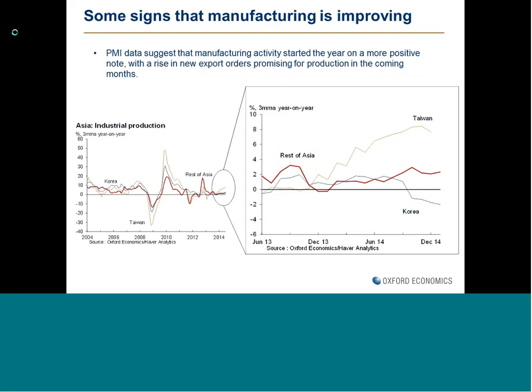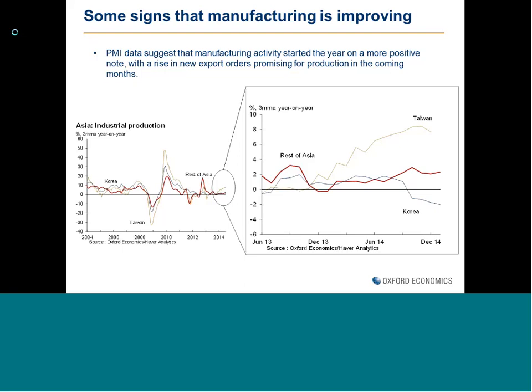A key exception would be Taiwan. However, we've started the year on a more positive note. Recent manufacturing PMI data suggests that manufacturing conditions have improved from the second half of last year. The exception being, of course, Indonesia.